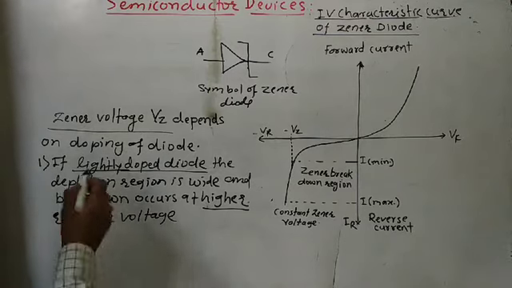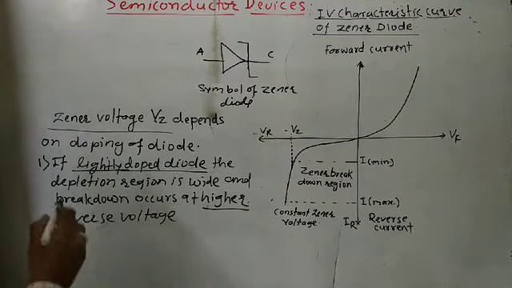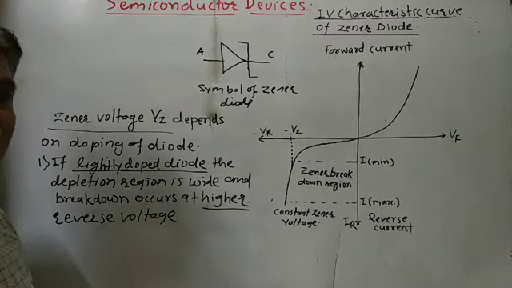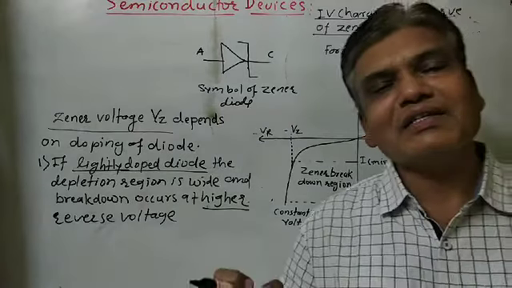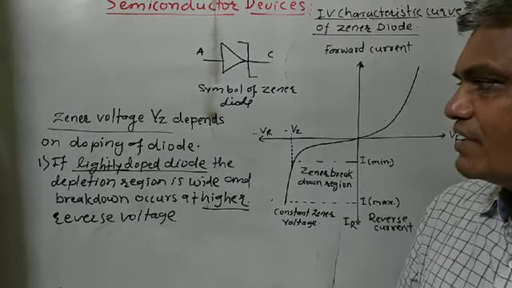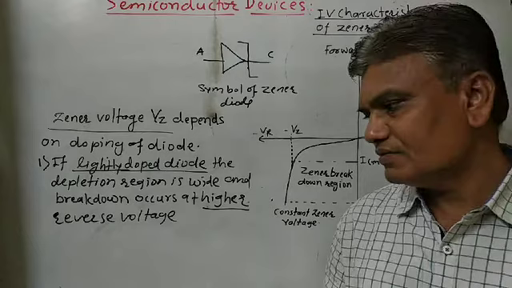So in this way, the Zener voltage depends on the doping of the diode. We know doping very well, we have studied it in 11th standard in semiconductors. What is doping of a diode?